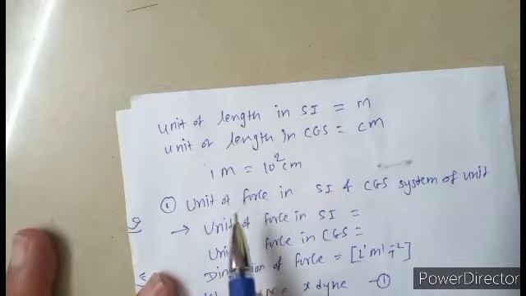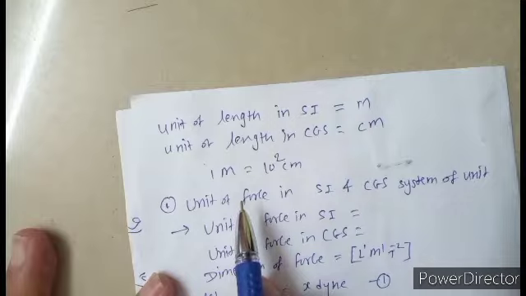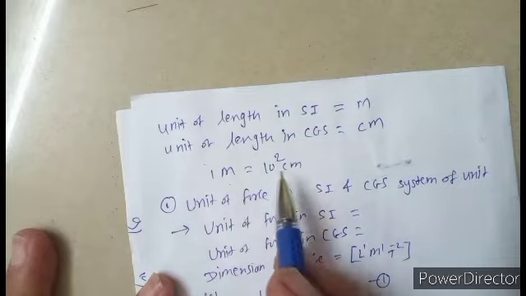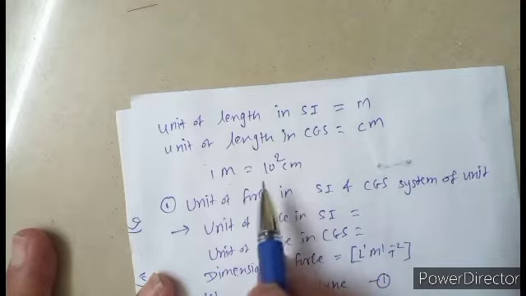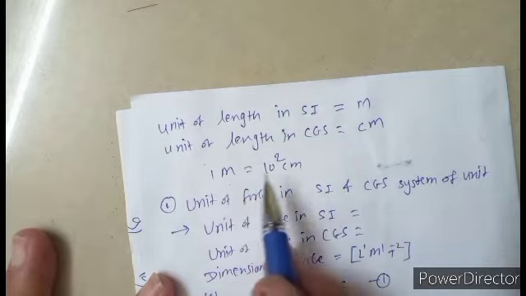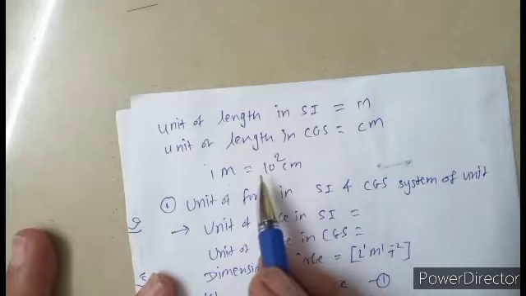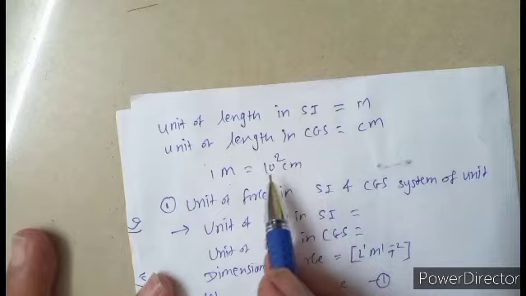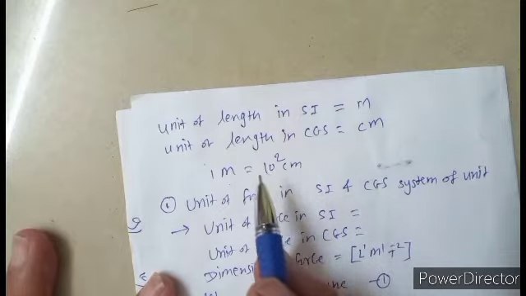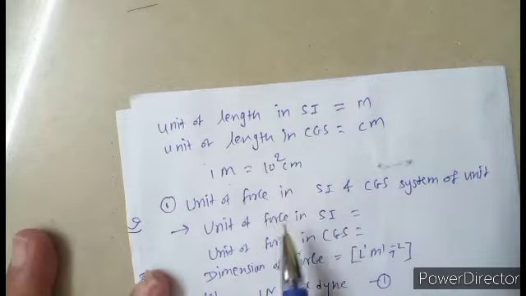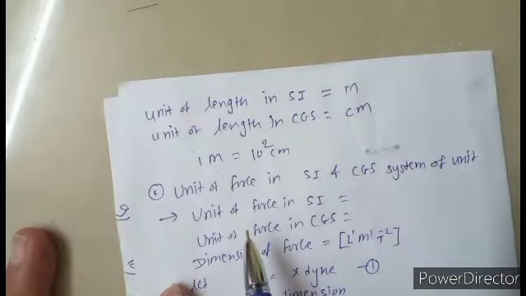It gives the relation between the units of a length in a different system like SI system and CGS system. So converting a meter into centimeter, we use 10 raised to 2, and this 10 raised to 2 is known as a conversion factor for length units in SI and CGS system.